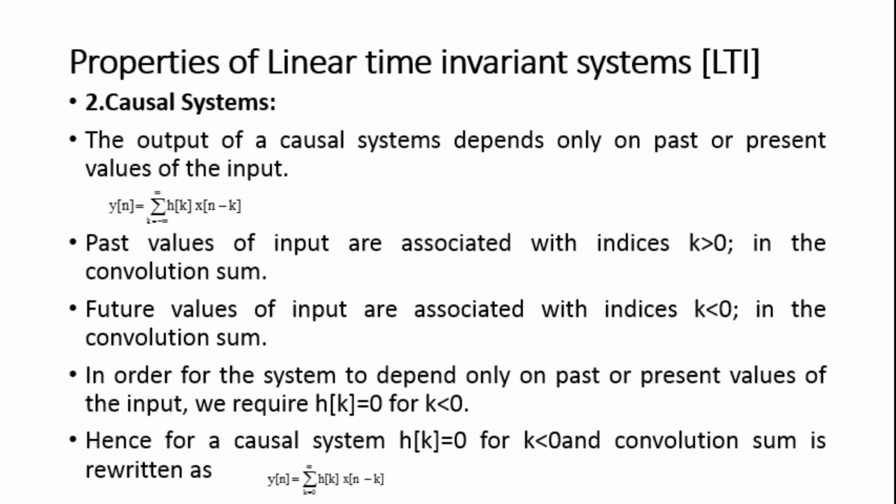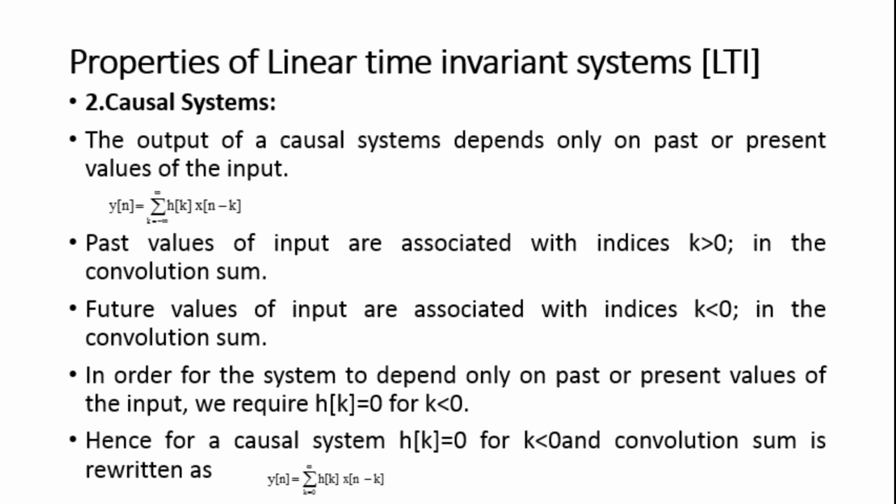Past values of the input are associated with indices k greater than 0 in the convolution sum. Future values of the input are associated with indices k less than 0 in the convolution sum. In order for the system to depend only on past or present values of the input, we require h[k] = 0 for k less than 0.